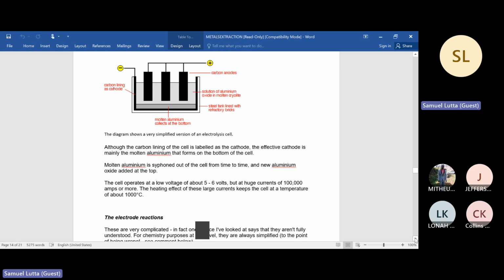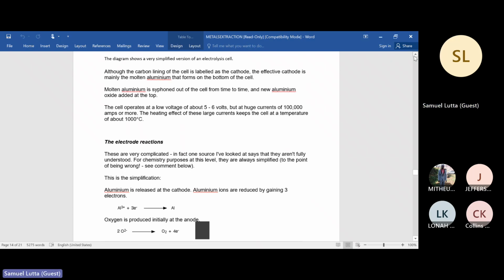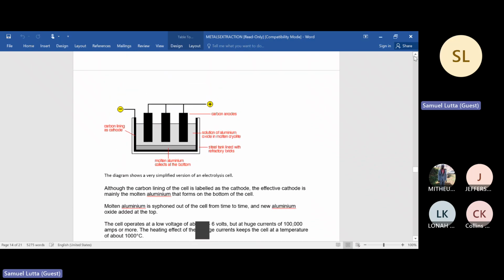Now the oxide ion, because it is negatively charged, will move to the anode, which is positively charged. The anode, the positive electrode, is also carbon.